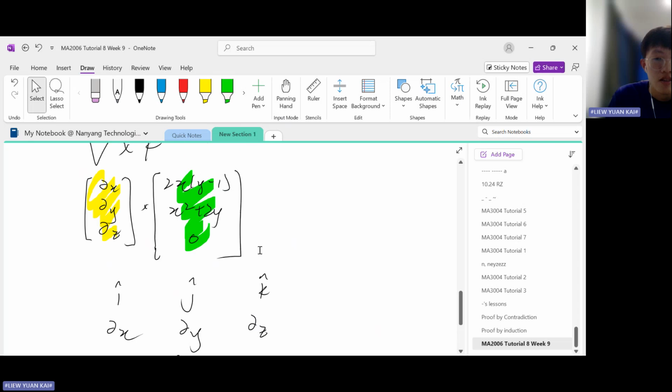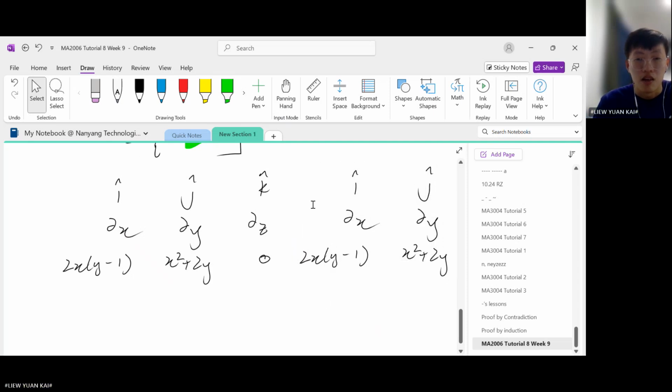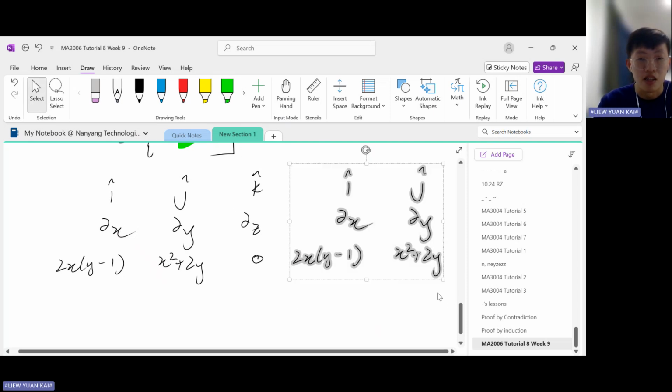To find the determinant, we use the crisscross method. So you copy and attach the first two columns on the right-hand side.